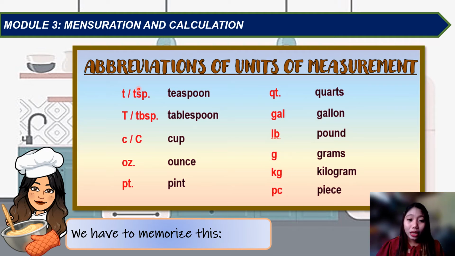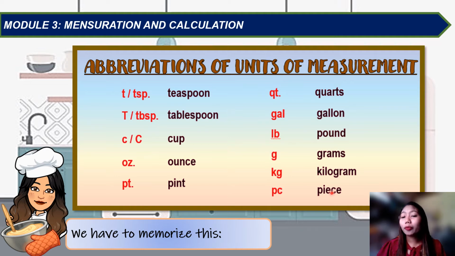So, magkaiba po iyang ibig sabihin ng small letter t and capital letter T. So, ito po, yung mga units na yan, this is what you call the units of measurement. Ayan, units of measurement po ang tawag dyan. It indicates how much yung kailangan ninyo. Kasi nga, maaring 2 ang nakita ninyo, magkasunod na 2, but you have to take note anong unit of measurement yun. So, this is the abbreviation of these units of measurement.